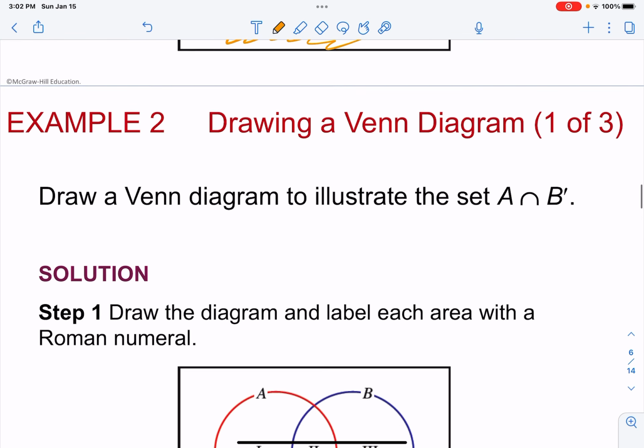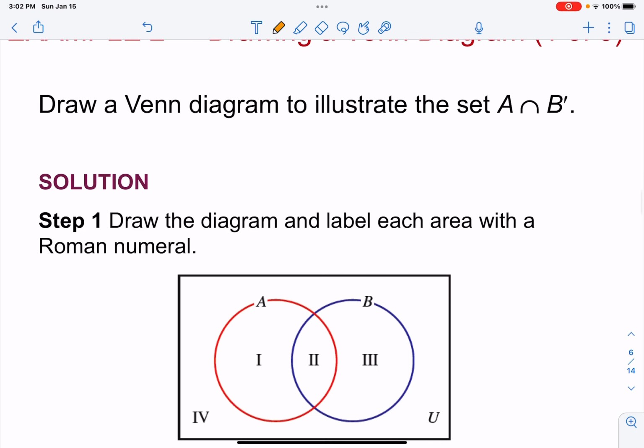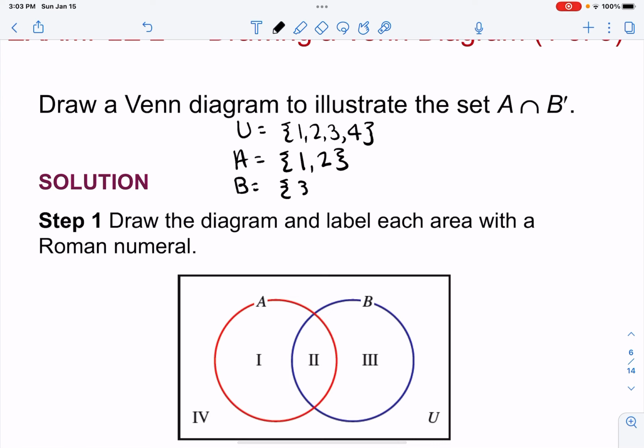Okay. So we'll try another one. We'll do the intersection of A and B not. So again, I always start off the same way, writing out the numbers. I say that the universal set is 1, 2, 3, and 4. I say that set A is 1 and 2. Set B is 3 and 4.